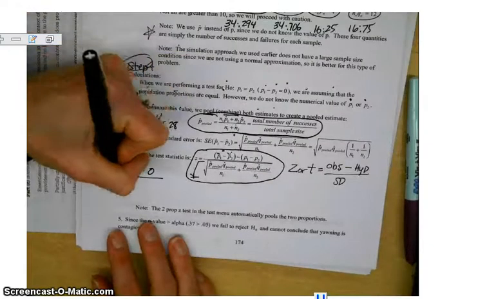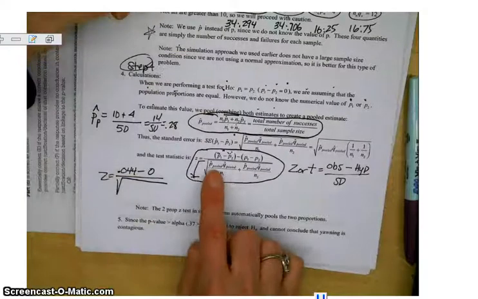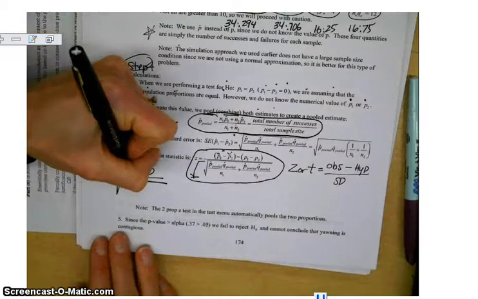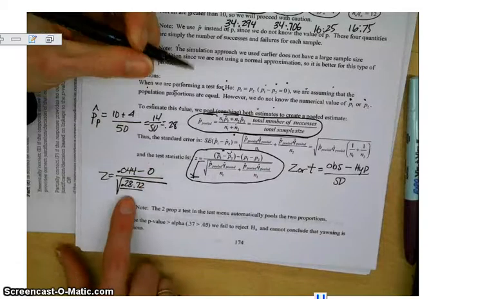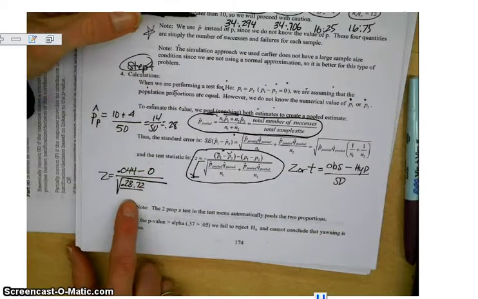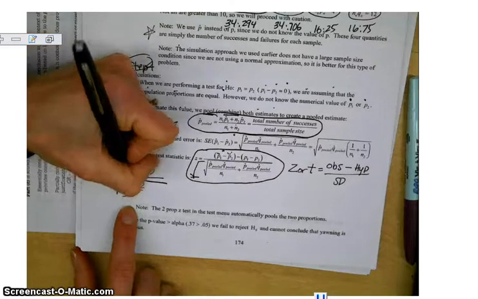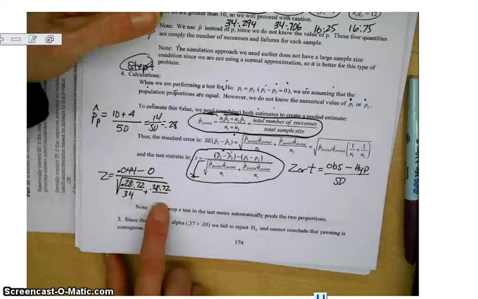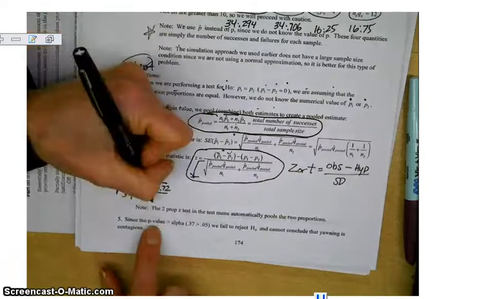Subtraction means difference. So if I say what was the hypothesized difference, it was whatever the number in the null and alternative hypotheses was, all over the square root of the p hat and q hat pooled values for each part. So this would be 0.28 times 0.72 divided by how many people were in the group that got the yawn seed? 34. Plus 0.28 times 0.72 divided by how many people were in the group that did not get the yawn seed? 16.